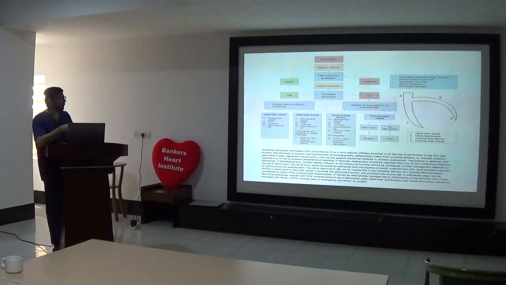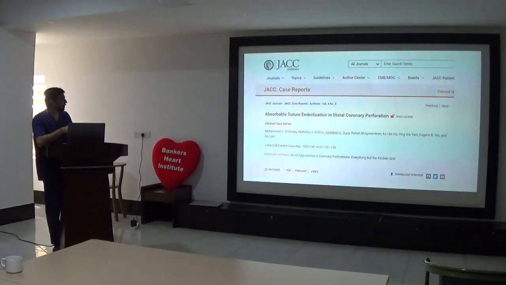If it is a bifurcation, go for surgery. If no bifurcation, cover stent. If it is proximal, directly go for cover stent; another option is always available. If it is distal, then go for thrombin or distal embolization. These are articles showing novel approaches for coronary perforation: absorbable suture, embolization, distal coronary perforation.